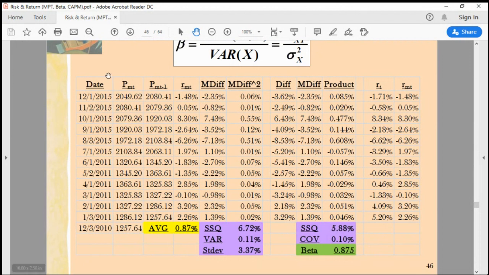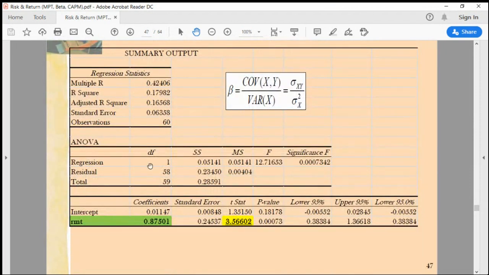So based on that time period, 2011 through 2015, Apple's beta was 0.087. I've been tracking Apple since like 2005 or 2007, so I have enough data accumulated over at least 15 years.